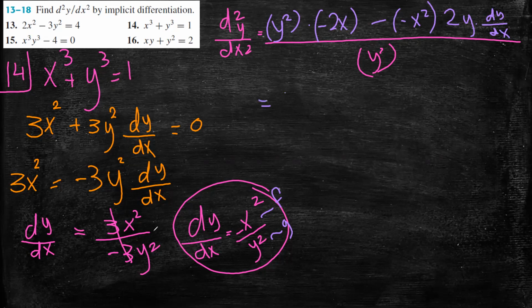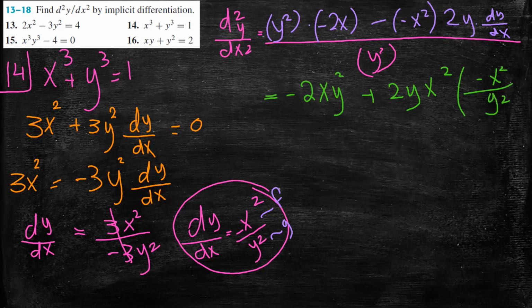Then it is negative 2x y squared plus 2y x squared times dy over dx, which is negative x squared over y squared. I just substitute dy over dx with negative x squared over y squared.